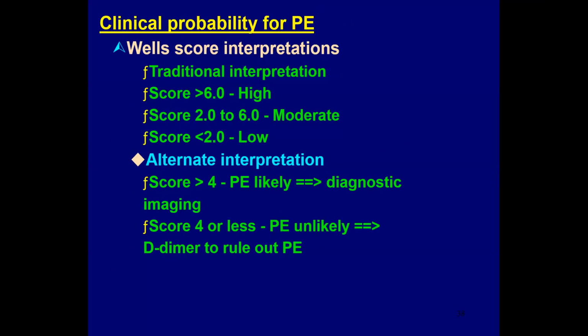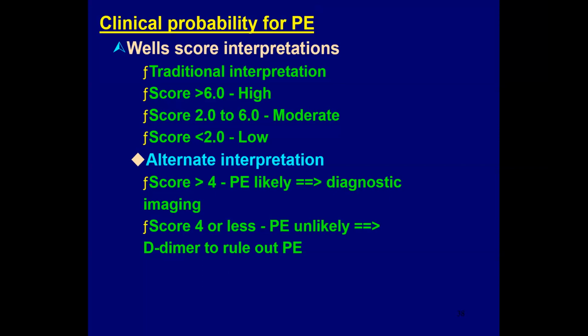Interpretation of the Wells score, the traditional interpretation: a score greater than 6 yields a high risk for pulmonary embolus. 2 to 6, a moderate risk. A score less than 2, a low risk. But there is an alternative interpretation, and that is a score of greater than 4 means that a PE is likely.